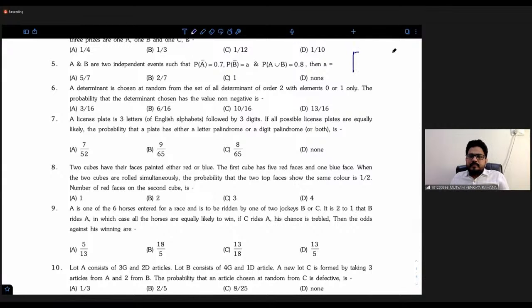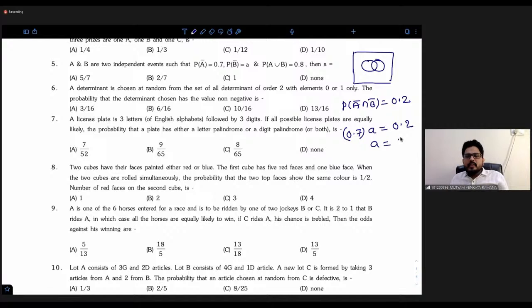Look here. A union B is 0.8. So probability of A bar intersection B bar is equal to 0.2. Because independent, 0.7 into probability of B bar is equal to 0.2.